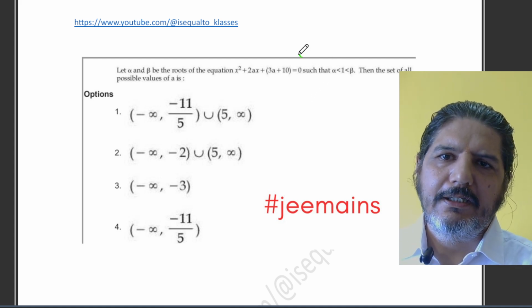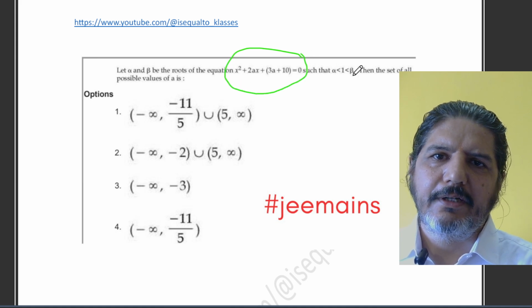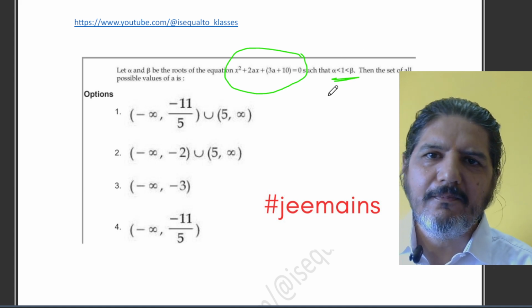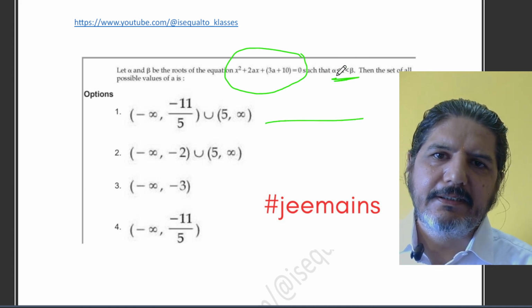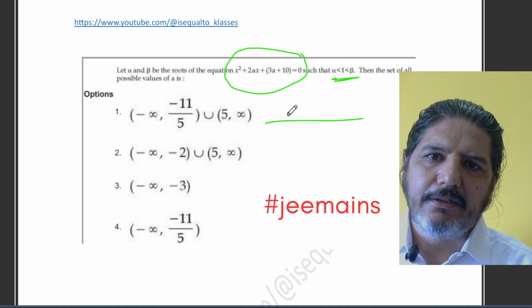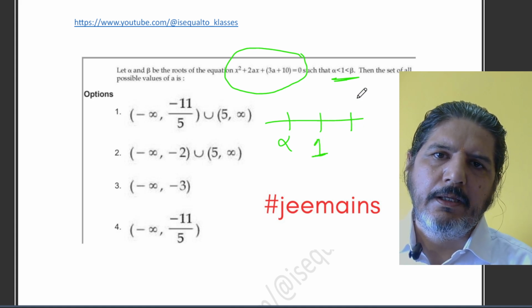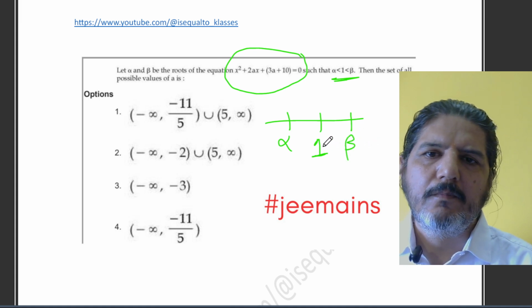Now I look at the quadratic equation and then I look carefully at this part. I understand that alpha is less than 1. So alpha and beta are the two roots of the equation. Alpha is less than 1, so 1 would be somewhere here, and beta is greater than 1, so beta would be here.